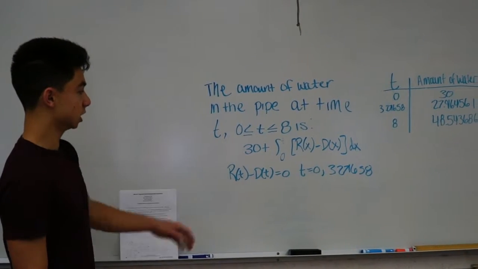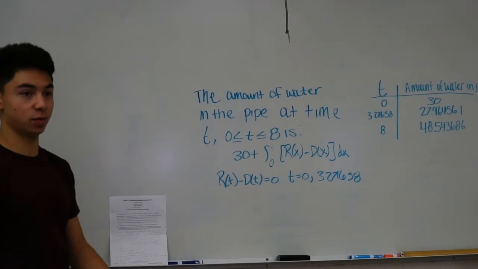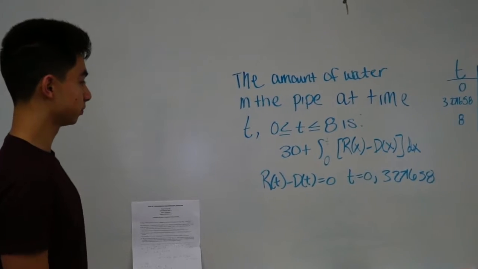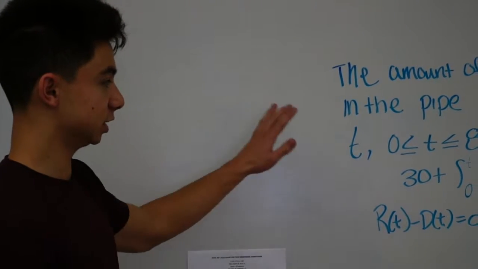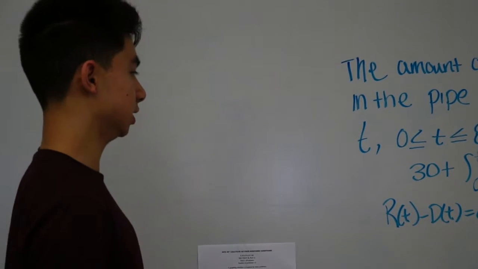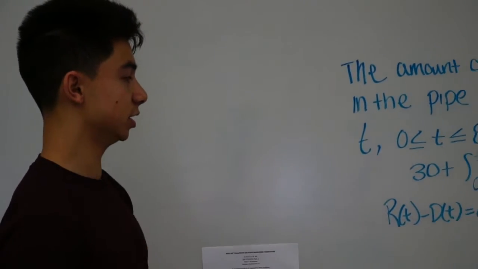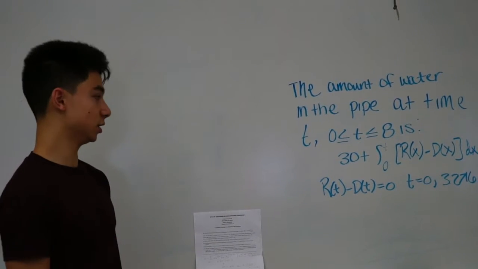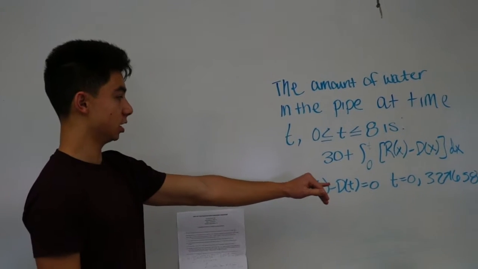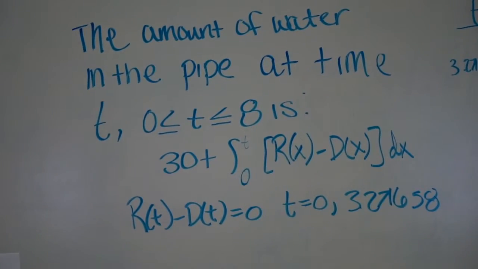So using this equation, you can find the amount of water in the pipe at any given time t. And so once we have this equation, that's like the base. The next step is to find the derivative of this equation, because setting the derivative equal to 0 will give you the critical points along with the 2 endpoints.